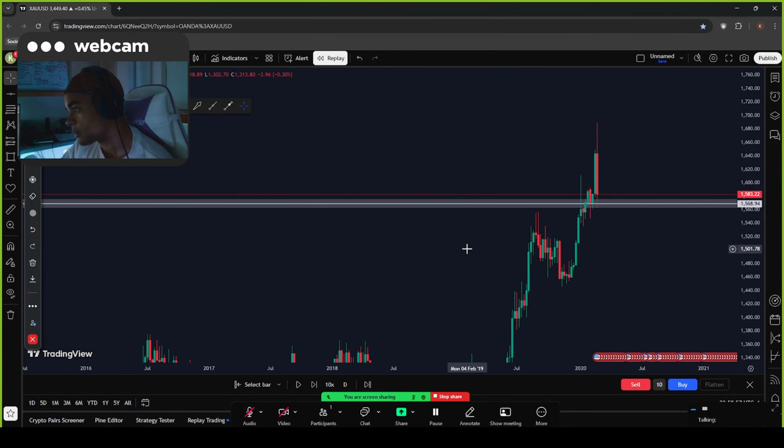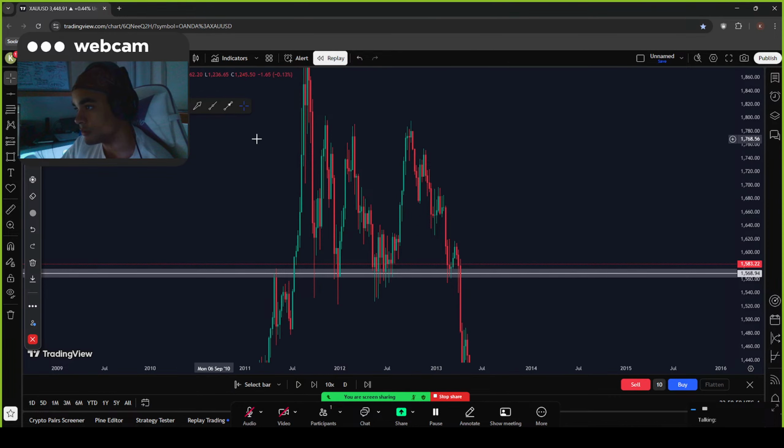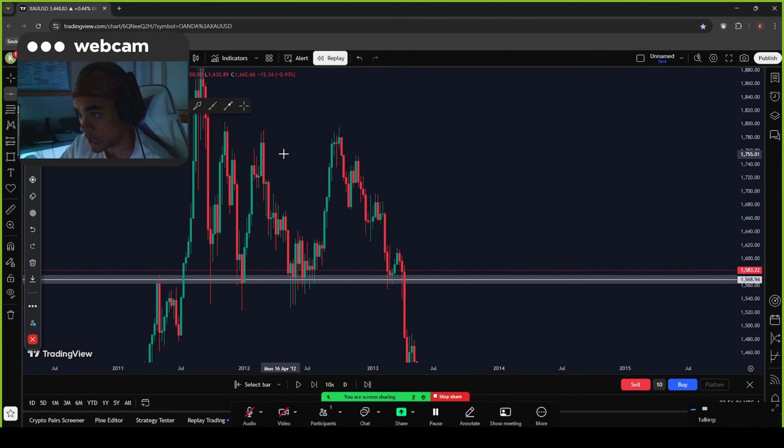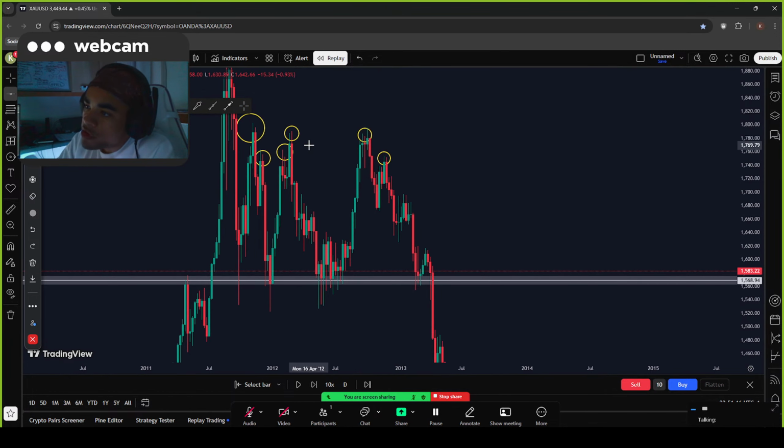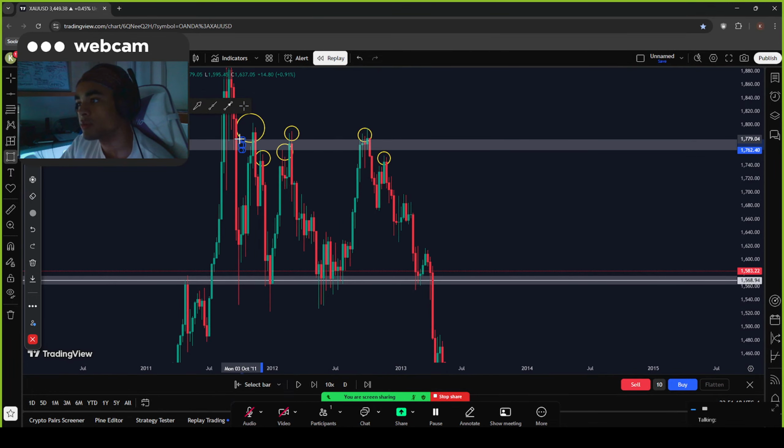That's how I mark up my support level, and then my resistance is the most obvious place for high rejection. So obviously you have this rejection. This wick rejection came up here as well. You have this rejection, you have this rejection. So I'm just going to take an average. I know the average is going to be somewhere around here.